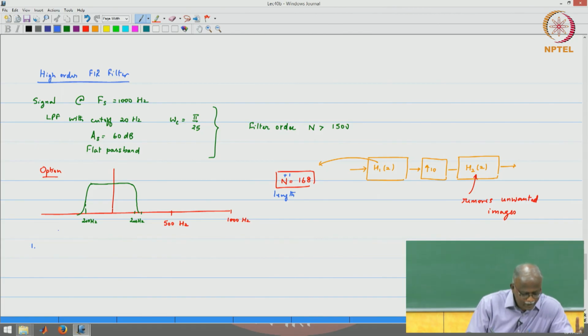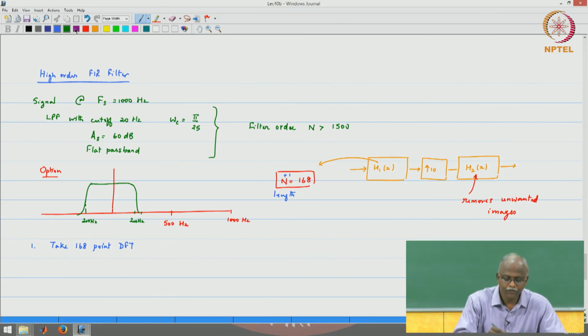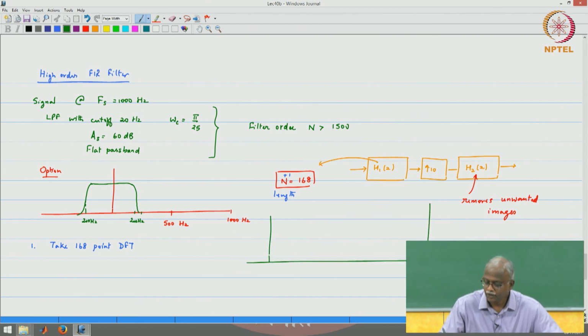Take a 168 point DFT. What will that give you? It will give you the frequency response of the filter with values from 0 to 167. The last one will be 167, and 168 of course will map back to 0, DFT coefficients.